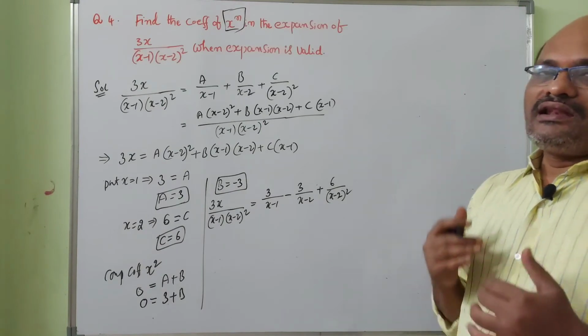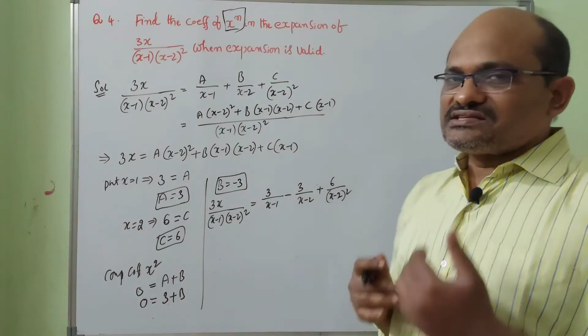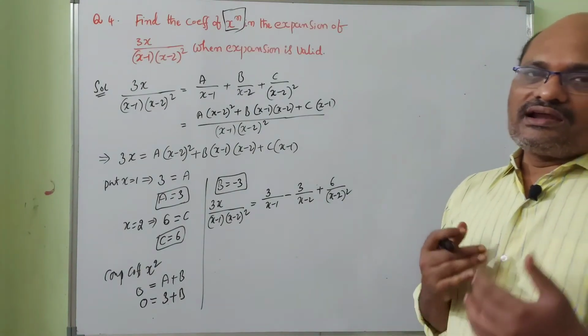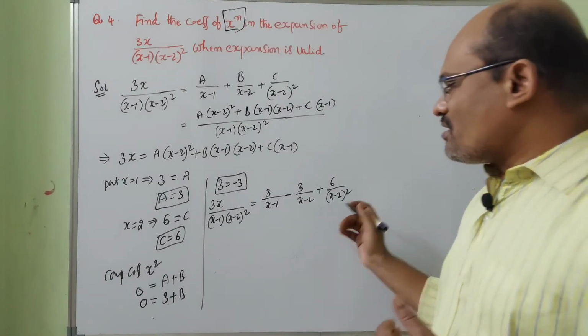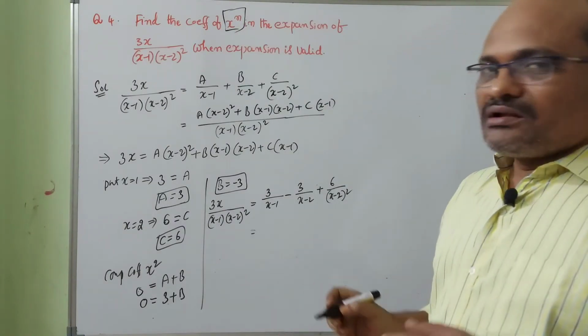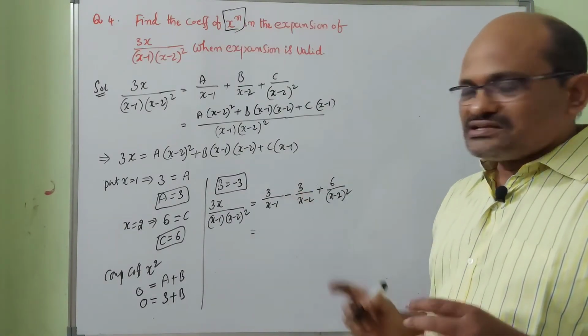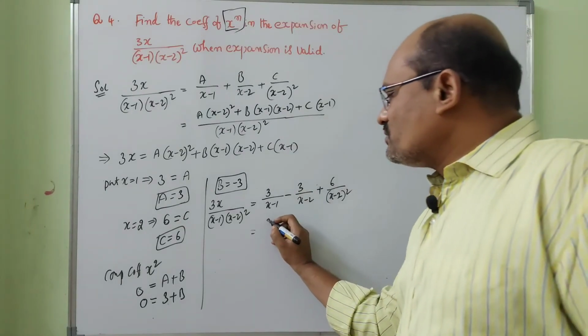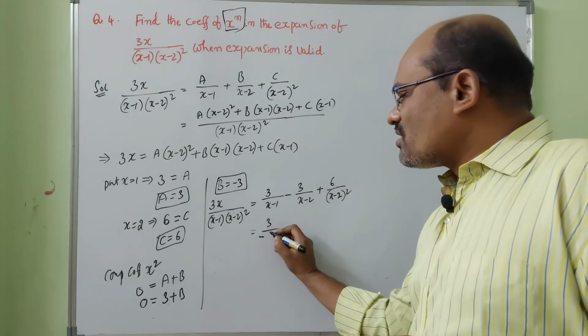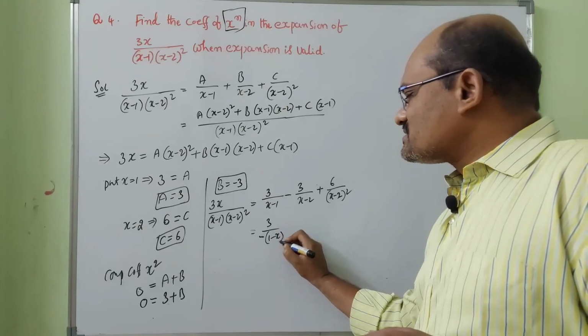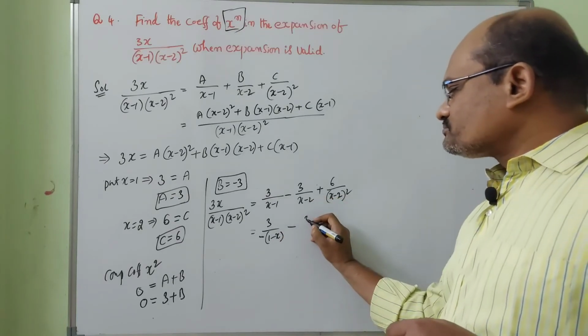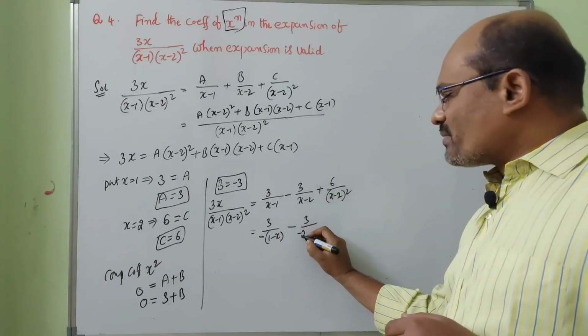Now I'll convert the fractions in such a way that we can write power series for all these three fractions. Remember, one should be at the starting. So what I do here is I am taking minus common. I will get 1 minus x. Here I will take minus 2 common.